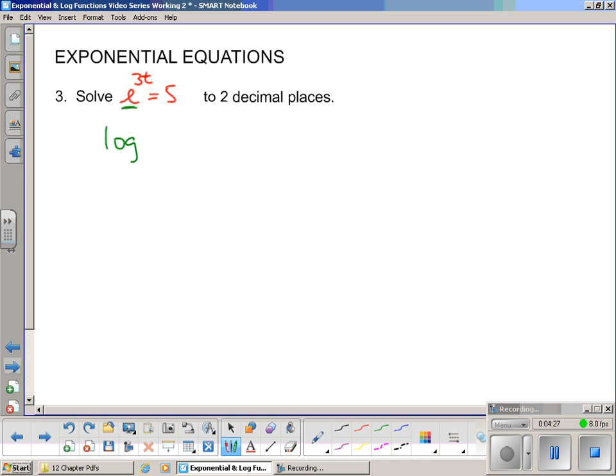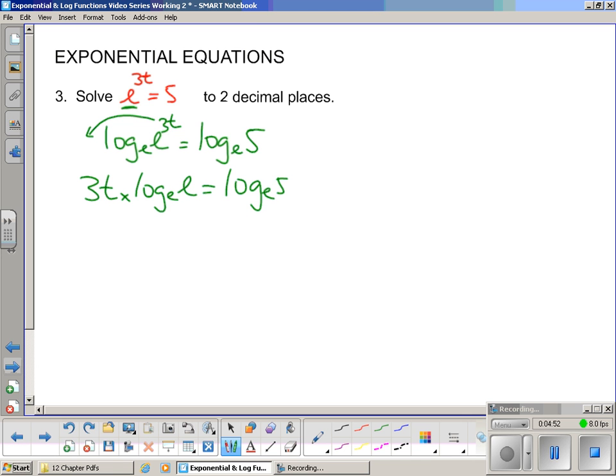We have log to the base e of e to the 3t at the moment, equals log to the base e of 5. Now what we can do here is to use that log law 3 again to take that 3t down the front. So we have 3t times log e of e, and we'll talk about that in a moment, equals log e of 5.